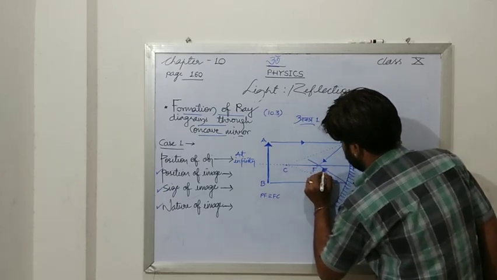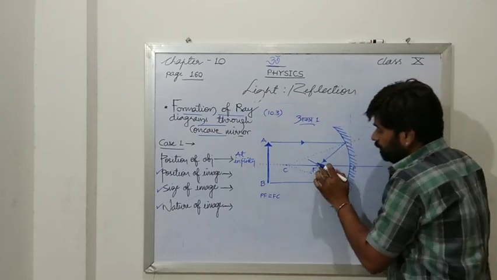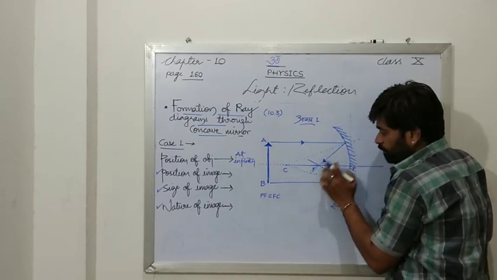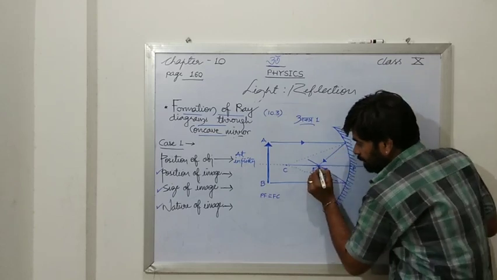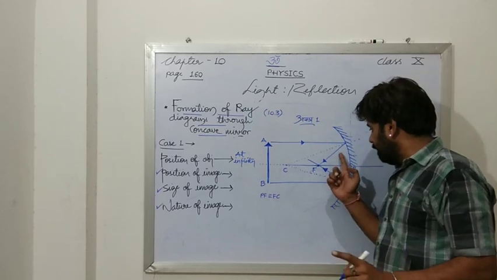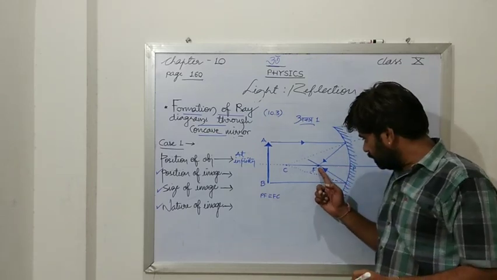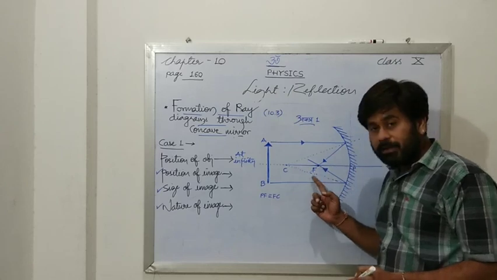Now see, the cut point or intersection point of reflected ray will give you the position of image. Listen carefully. The intersection point of reflected ray will give you the position of image.